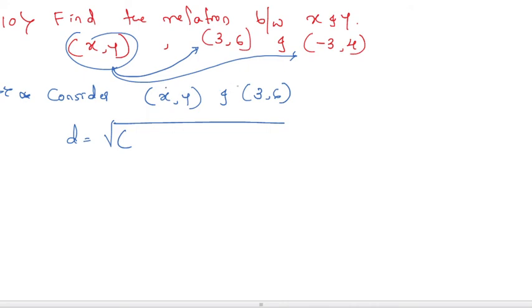So first I will write the x term, (x minus 3) squared, plus (y minus 6) squared. It is according to the formula. You have to write the formula first while solving every problem. So the distance is the square root of (x minus 3) squared plus (y minus 6) squared.